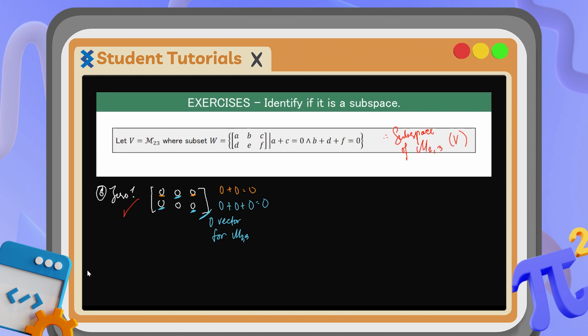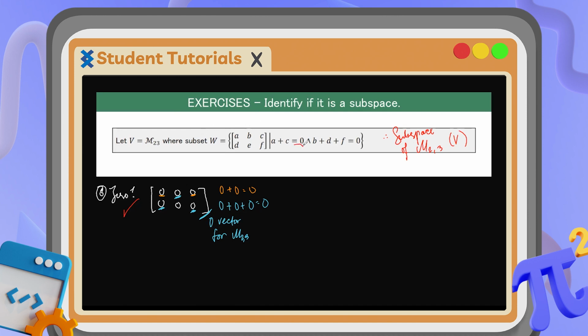So that is the method in checking whether a subset is considered to be a subspace or not. You have to check each and every condition as well, and also take note of the properties that hold for the subset.